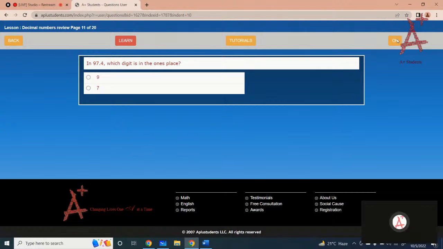Okay, 9.74. Which digit is at the ones position, 9 or 7? 7 is at the ones position, 9 is at the tens position.